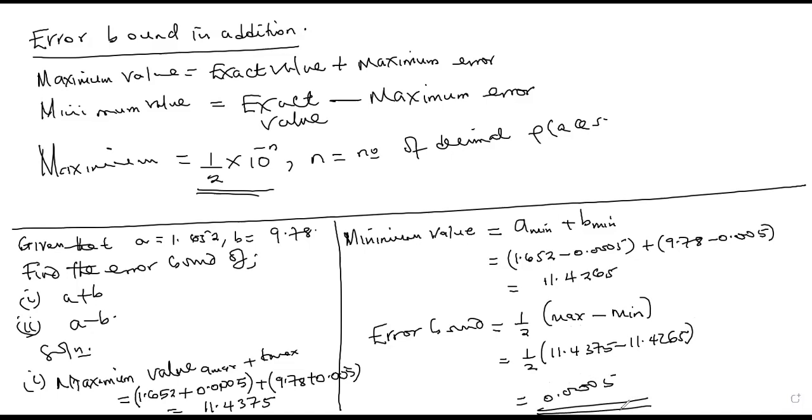Then for the case of part B, or Roman 2, they want us to get the error bound in A minus B. But remember, our A is 1.652 and our B is 9.78. So to get error bound, we need to first get maximum values and minimum values.